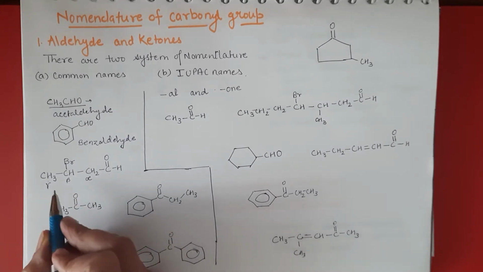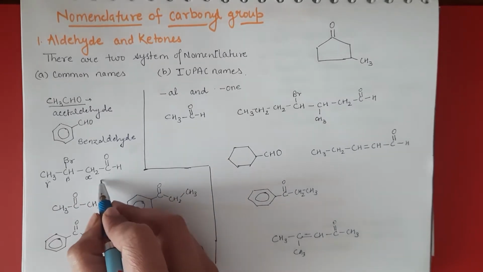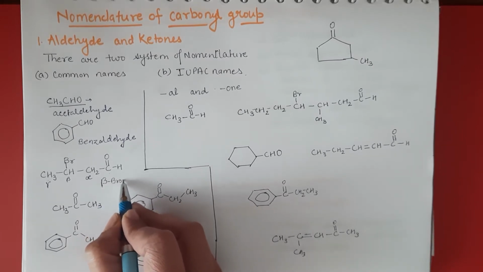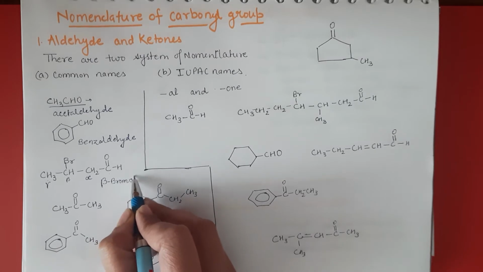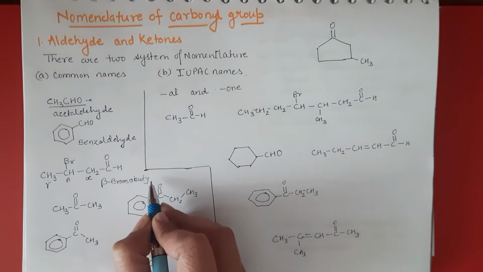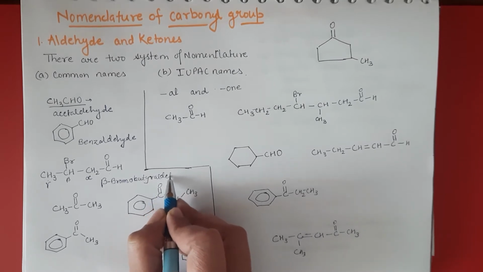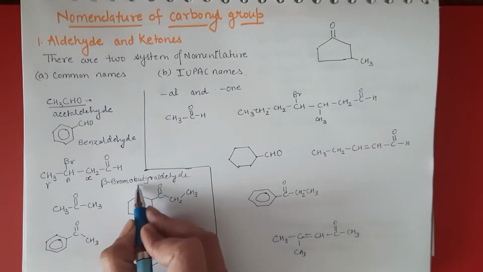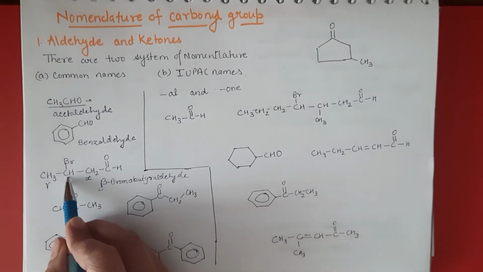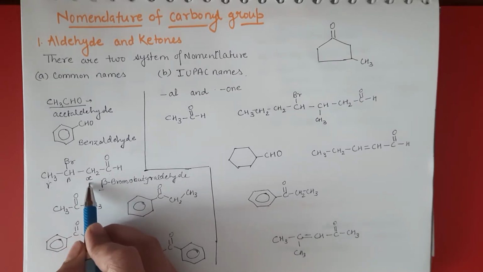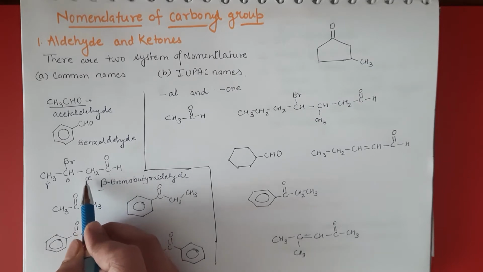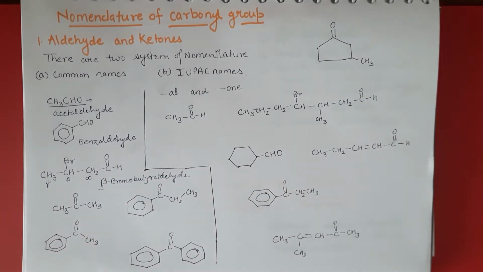So if we write the name of this particular compound, we will write it beta bromo butyraldehyde. Okay, butyraldehyde, but means 4 carbons, beta means the carbon which is adjacent to the alpha carbon, and alpha we are naming because it is just beside this functional group.